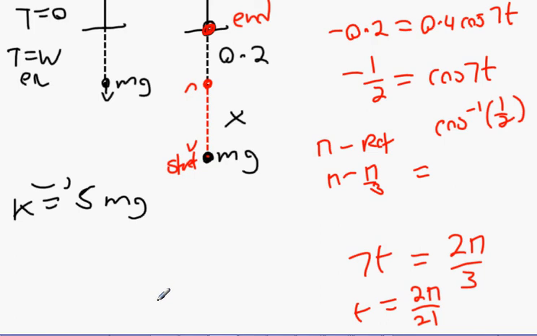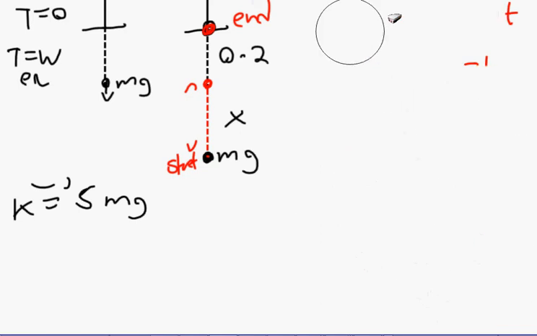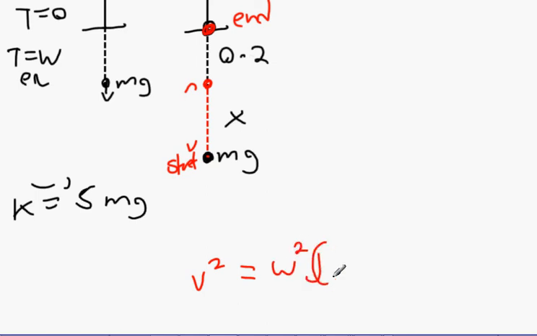Now, the funny thing is, I didn't need to find that, because I was going to put that into a velocity equation, but as it turns out, you didn't need it. That's the time it takes for the string to become taut, but what we should have used was the v squared equation, v squared equals omega squared times A squared minus x squared.